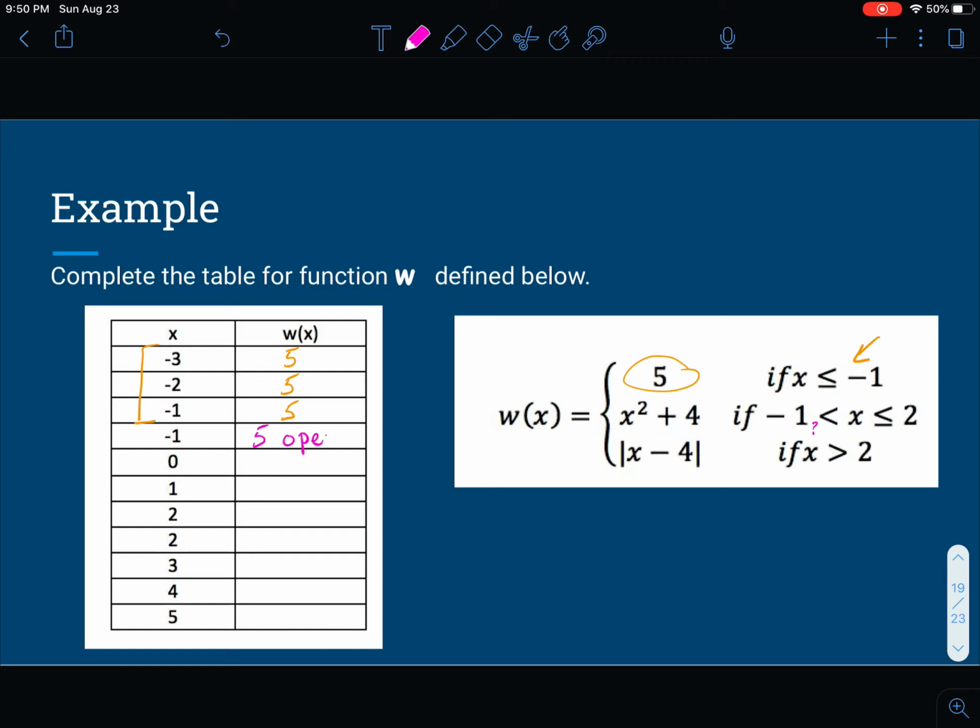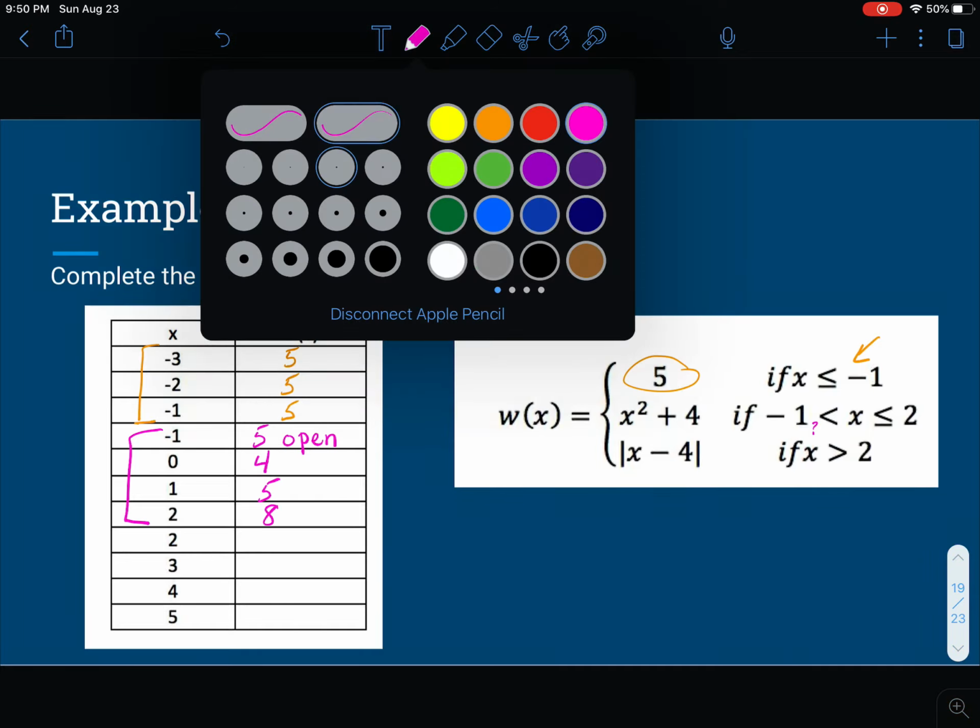But I am going to write that this is an open circle. So this is just a little placeholder. We know it's not actually part of the second domain, but we're going to use it just to find where to plot that point. And so for the rest, we'd have 0, 4, we'd have 1, 5, we'd have 2, 8. Okay, so here's that second function.